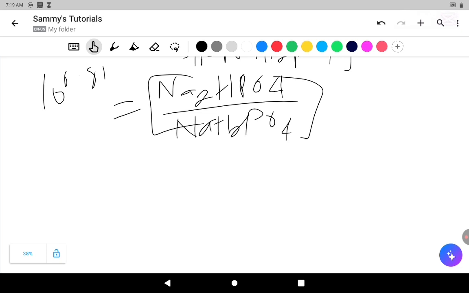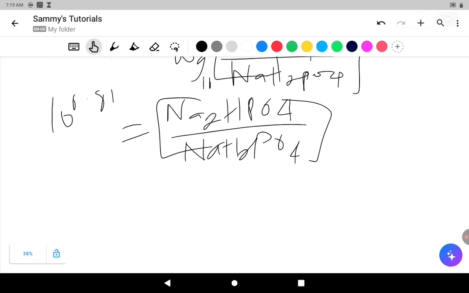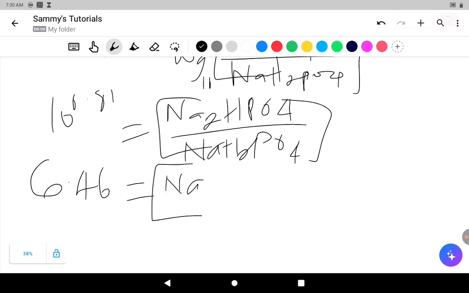If you approximate, let's say we have 6.46. Okay, we have 6.46 equals to this. Thank God for those that are following. Hope we are understanding. It's very easy.